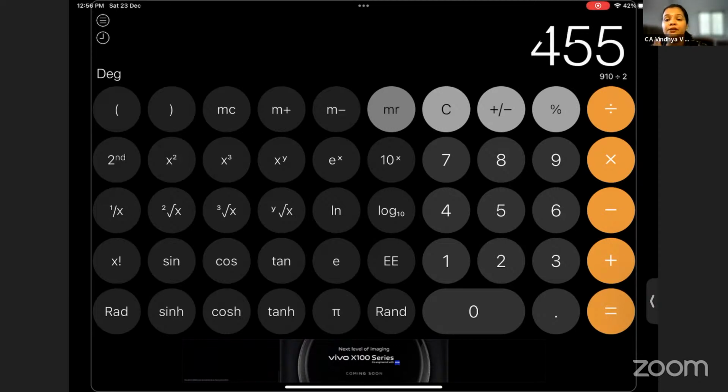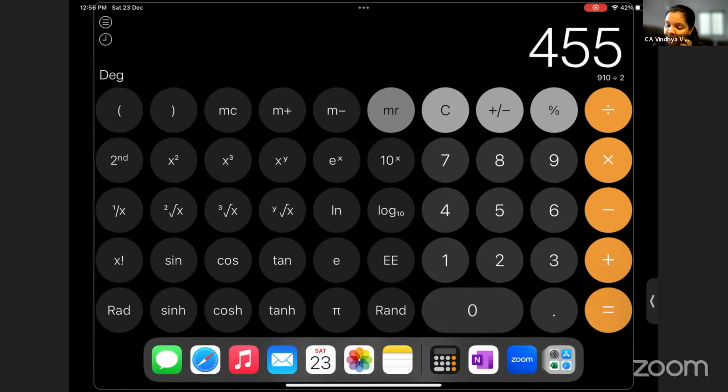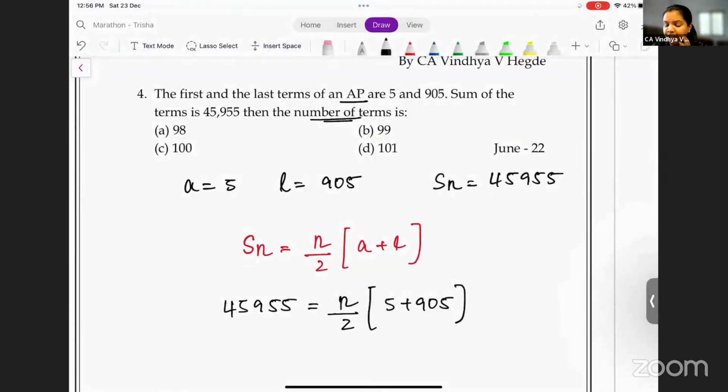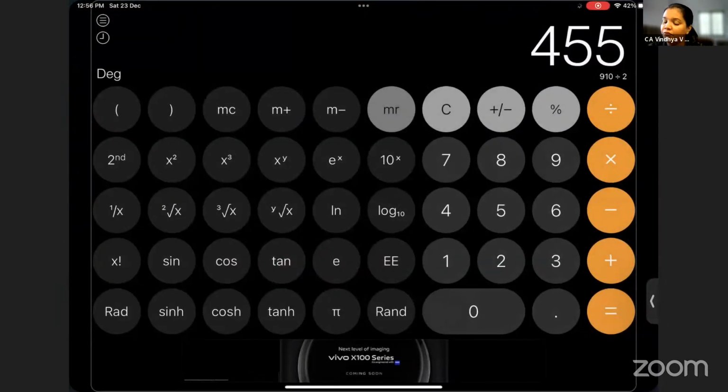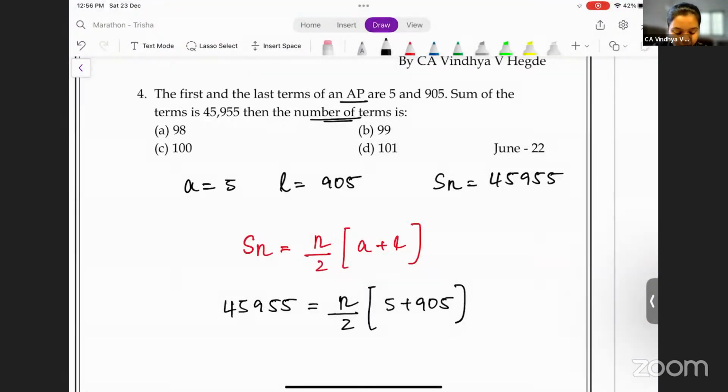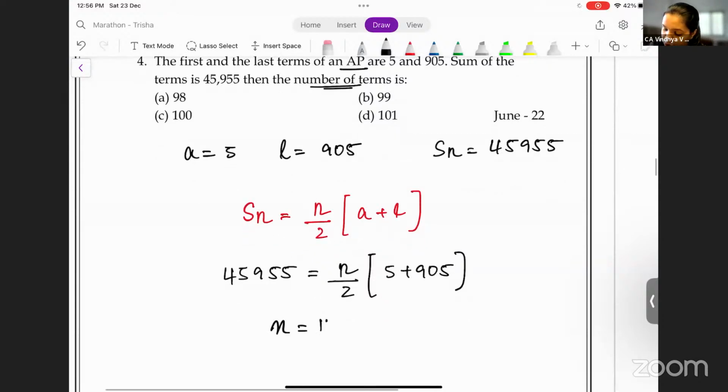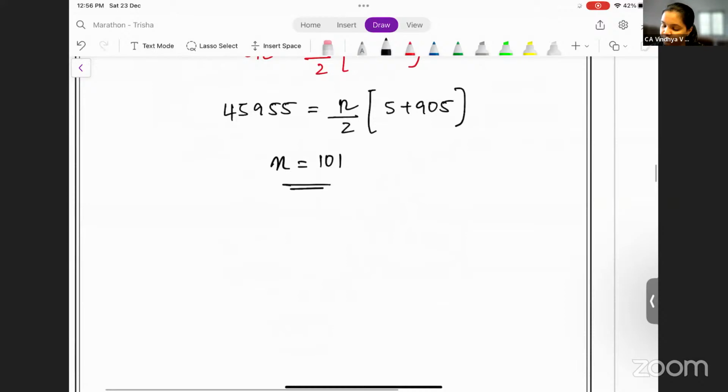Now what you can do is you can simply shift this 455 to the other side, divided by. So you get 45,955 divided by 455. That is 101. So n is equal to 101. Yes, I hope this is clear.